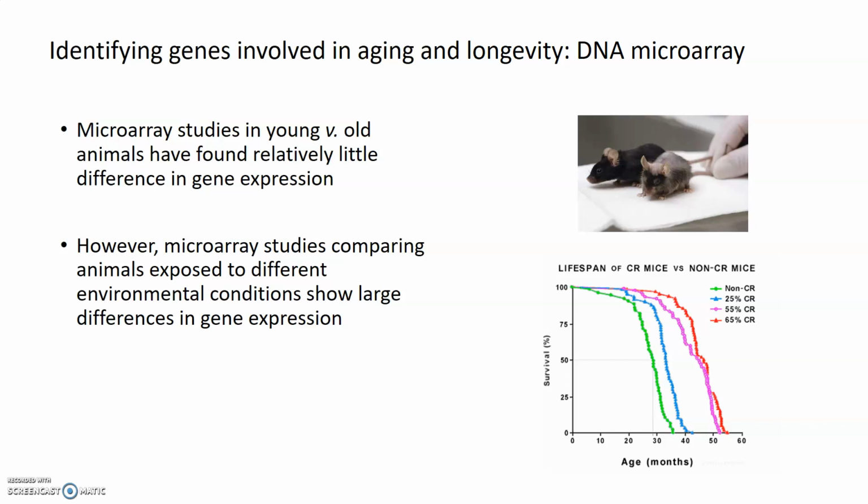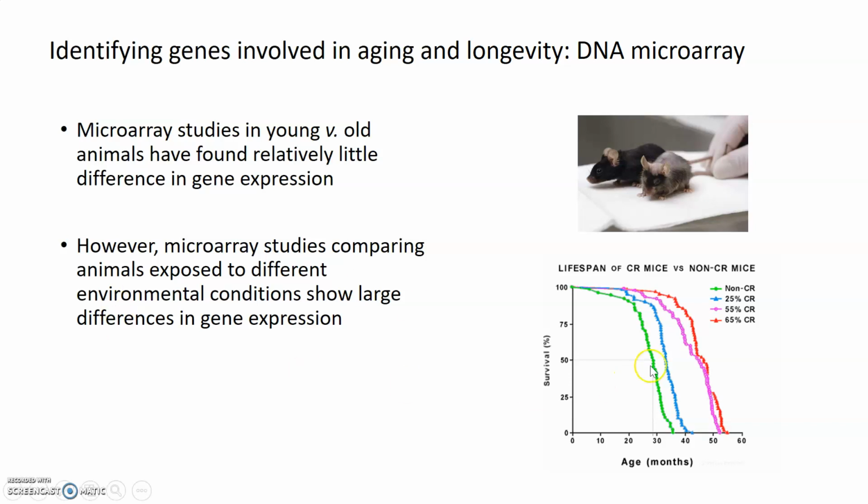And so one other useful way we can use microarrays to kind of help understand aging is by comparing expression profiles of animals that were exposed to different environmental conditions, and to see if those environmental conditions change gene expression, and then possibly see how those environmental conditions also affect aging.